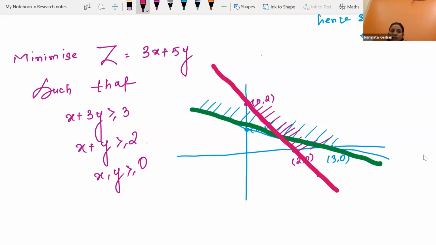Now we have to check whether it will be possible to find one and only one minimum or not. So the corner points, what are the corner points over here, Annapurna? Can you see 0, 3 and 2, 0?